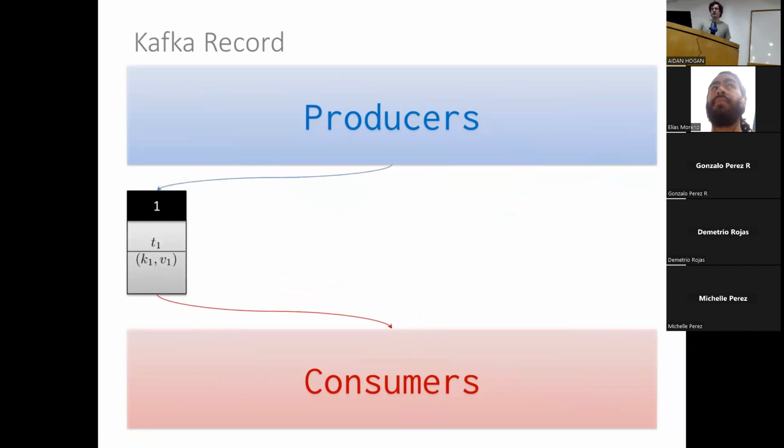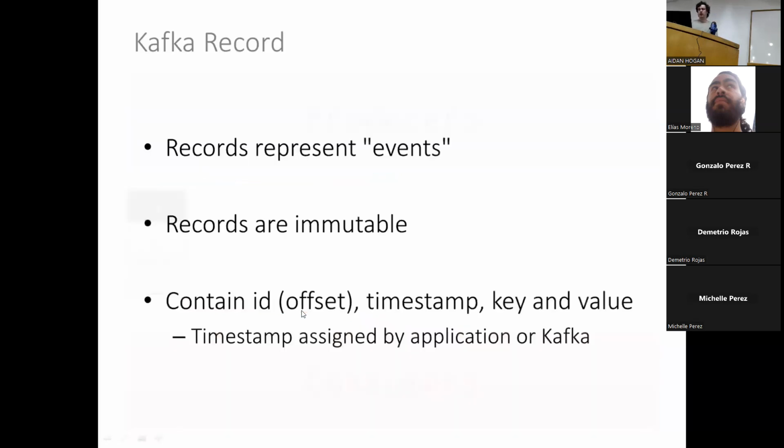The main data model used by Kafka is the notion of a record. The record is what forms this buffer of messages, what we'll call the ledger. A record is composed of an offset, a timestamp, and a key-value pair. Records represent events, essentially, or messages.